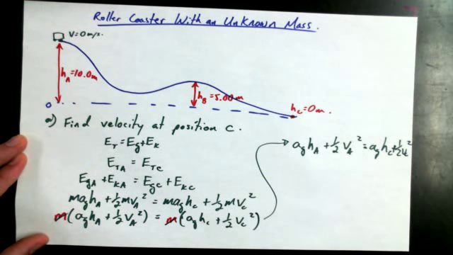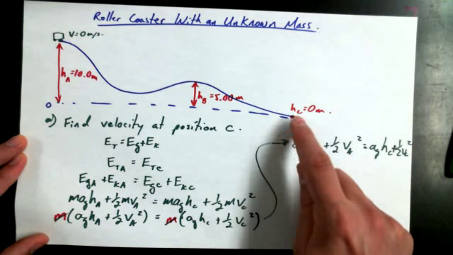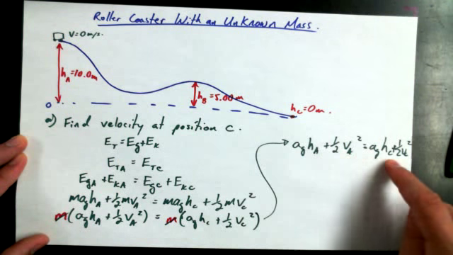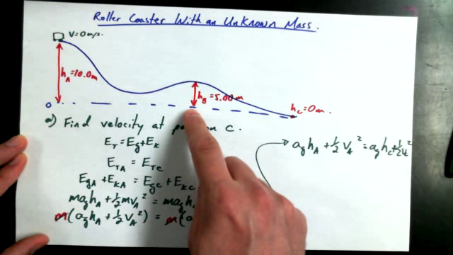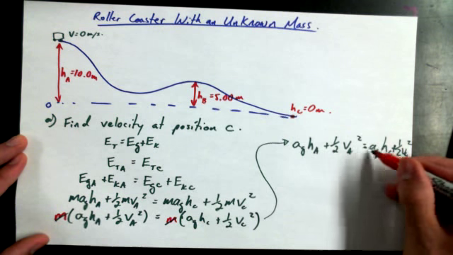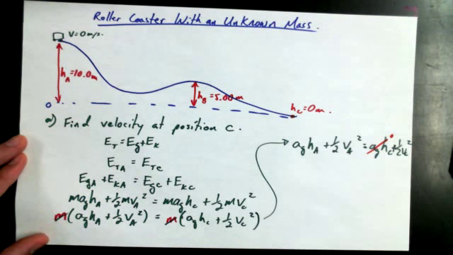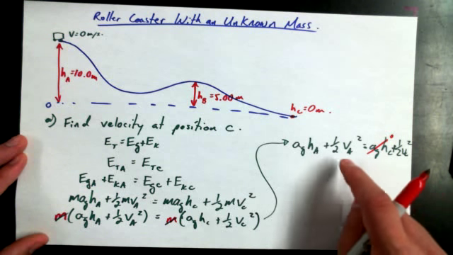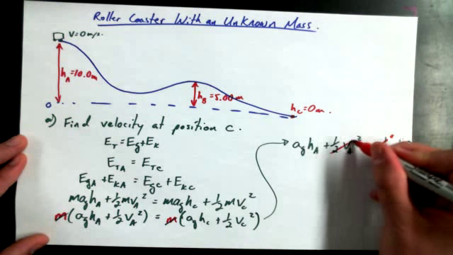So actually, if we wanted to find VC at this point, in this particular position, this is a nice general formula for if I wanted to find V at position B as well. But at this particular position, I can make some simplifications. I can say, all right, at position C, the height is equal to 0. And at position A, the velocity was equal to 0.